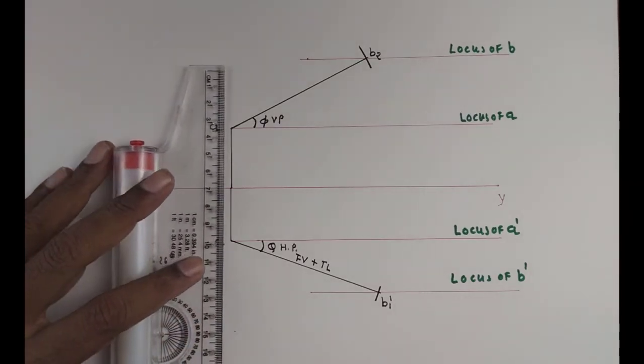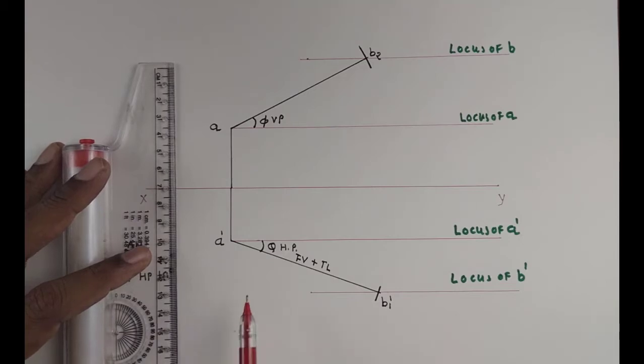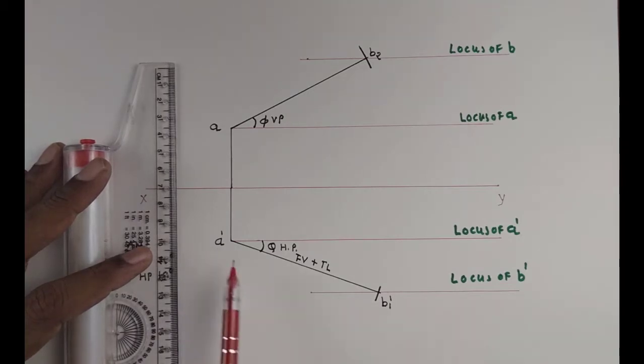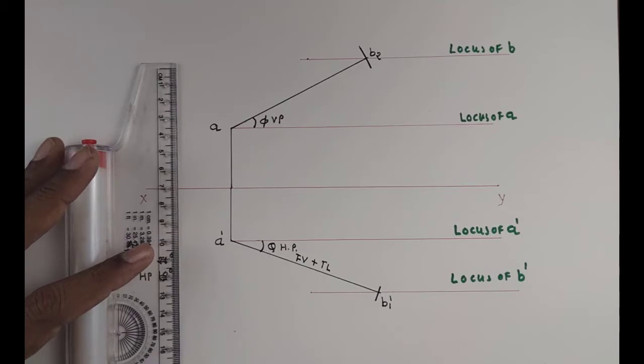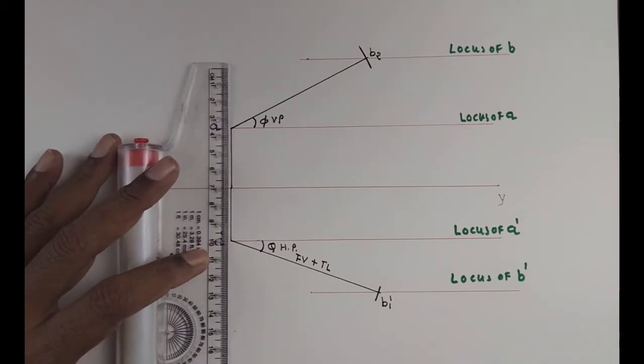Now here your line inclined to HP, theta degree, your top view is always parallel to XY line.